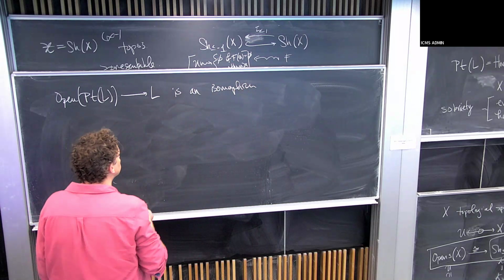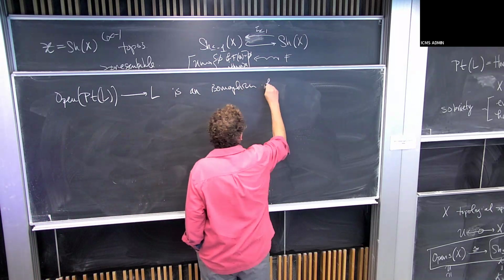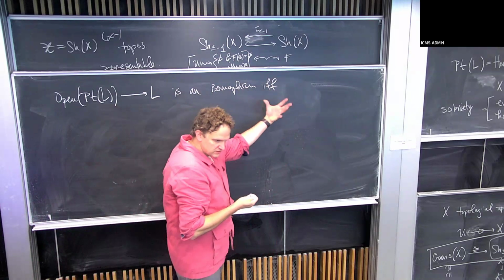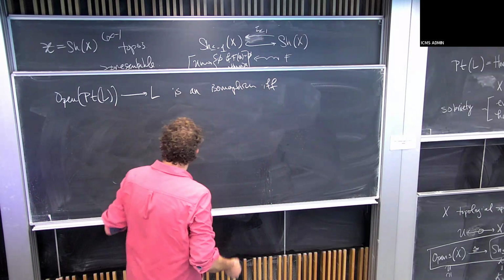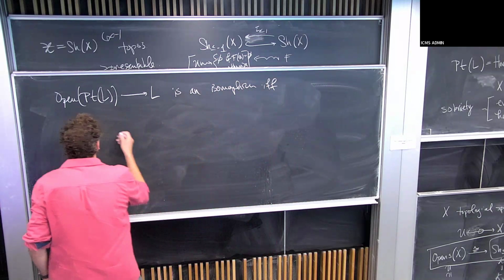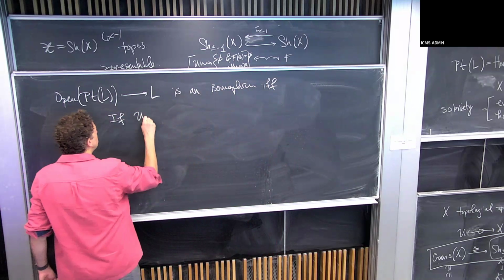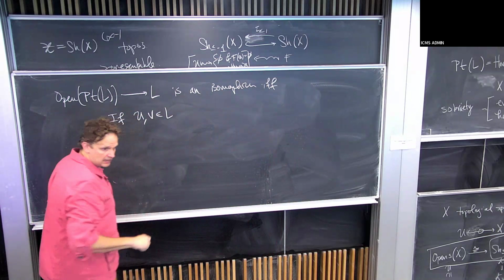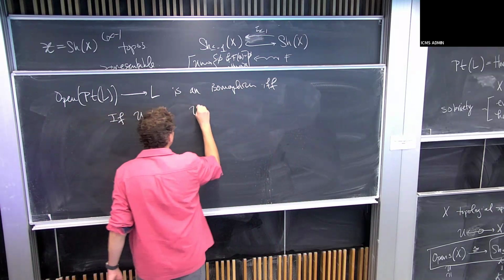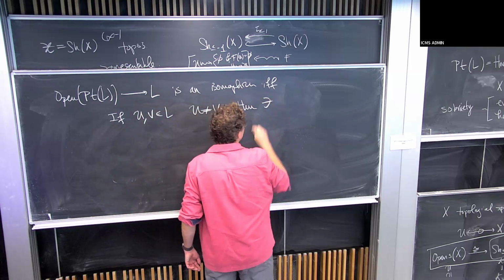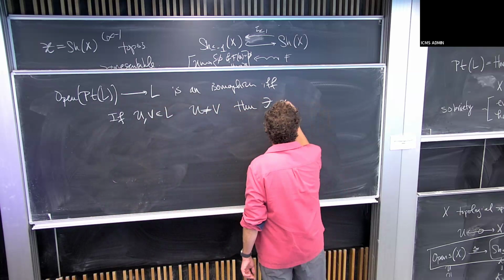This is an isomorphism if and only if, again, it's kind of an enough points sort of situation. So what is it going to mean here? It's going to mean that if U and V are elements of L and they are different, then there exists a point.